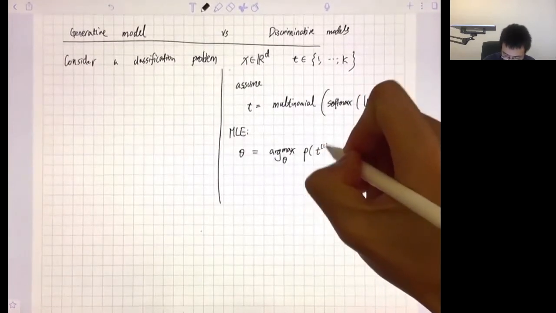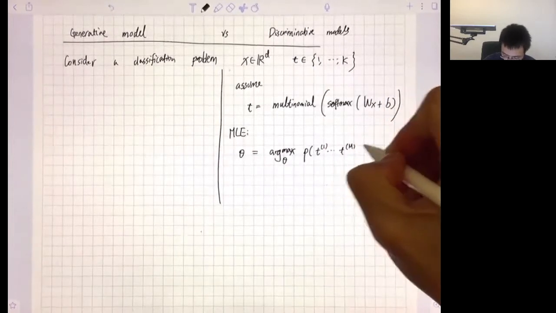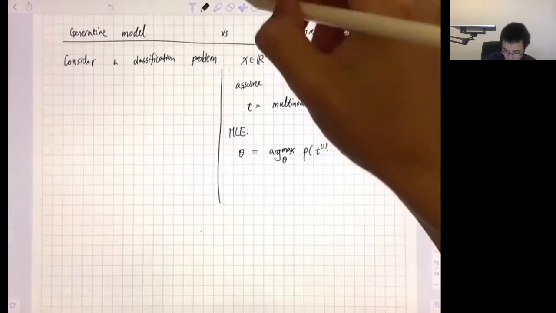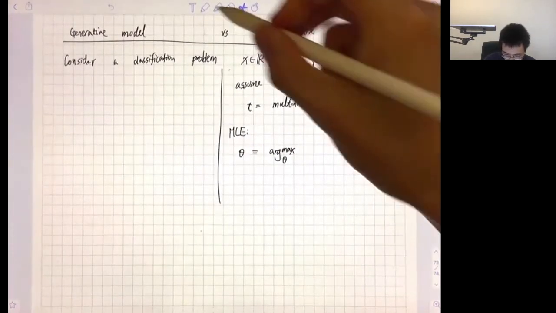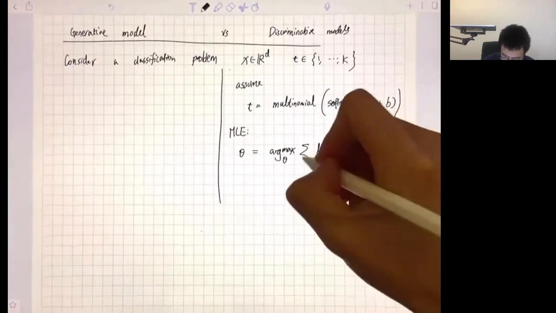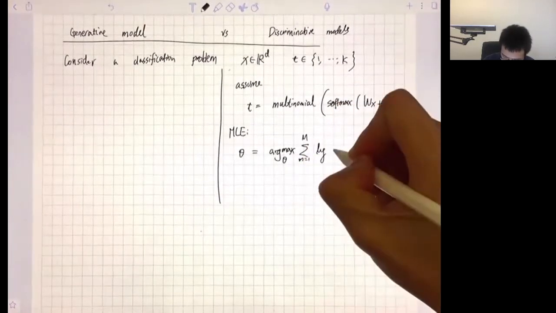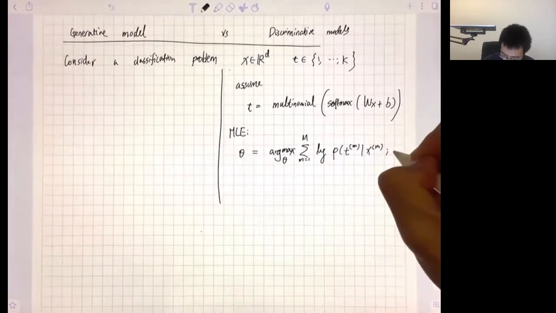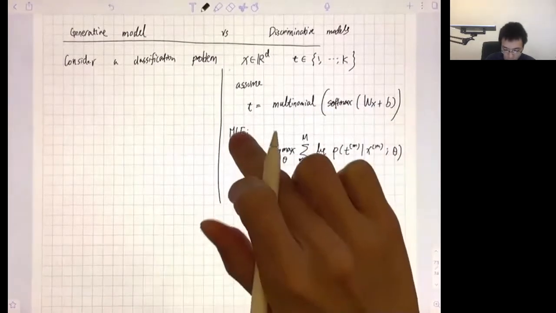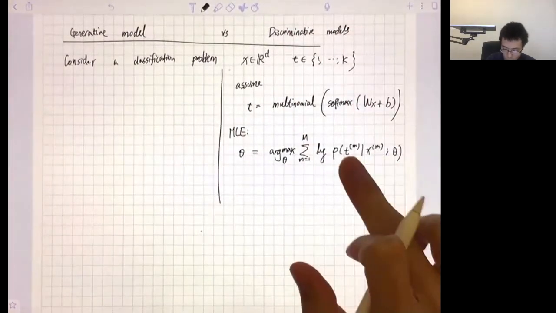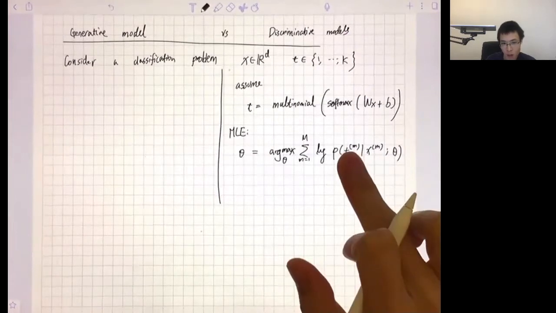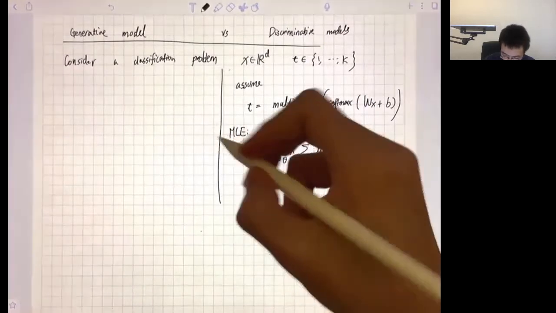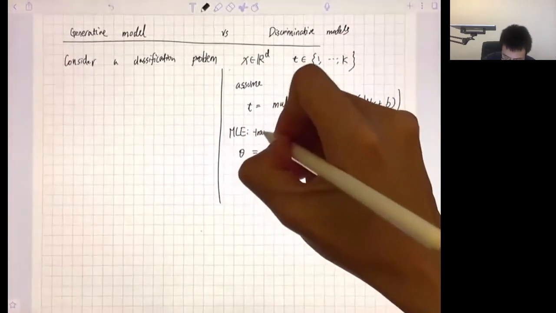You have many targets, so you have n many samples given x1 up to xn, but I can write it more concisely as the log probability for different samples, P of tn given xn with my parameters theta. So this is the maximum likelihood estimation for discriminative models. We consider the conditional probability of your target given the feature, given the input x. So this is MLE training.